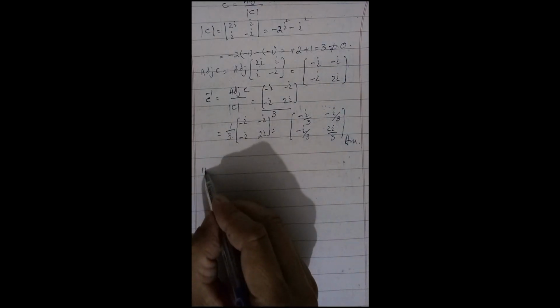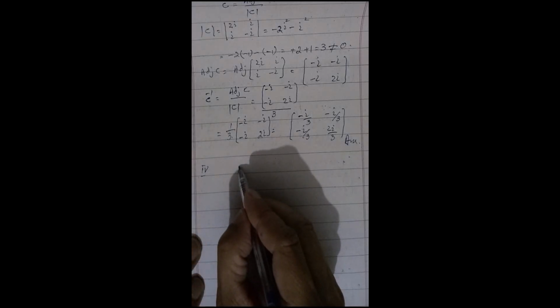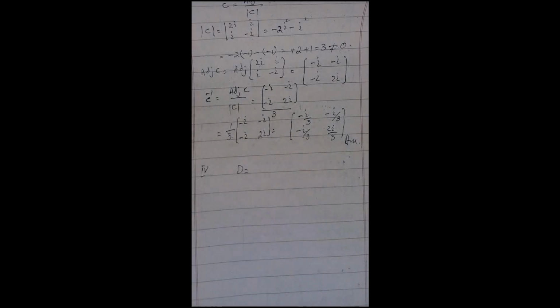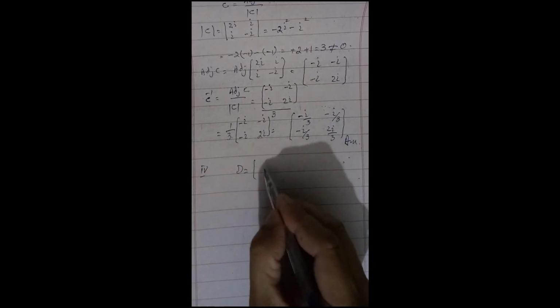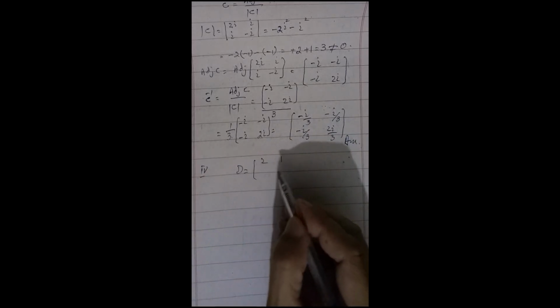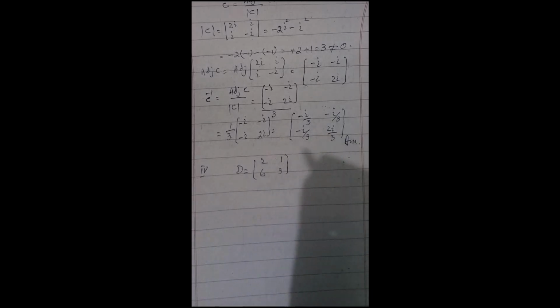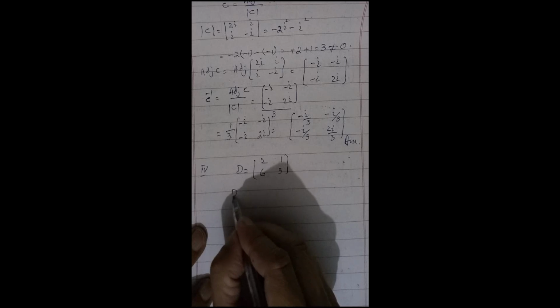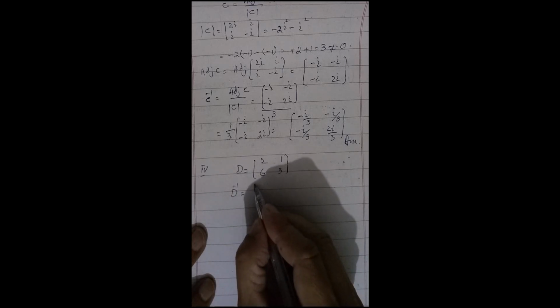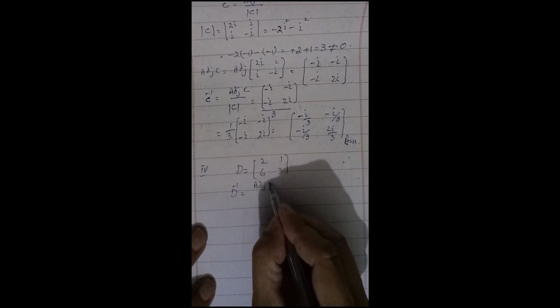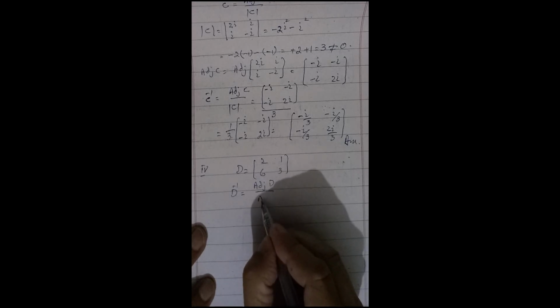And the fourth part is we write the D matrix, which is 2, 1, 6, 3. And we find the D inverse, which is equal to adjoint D over D determinant.